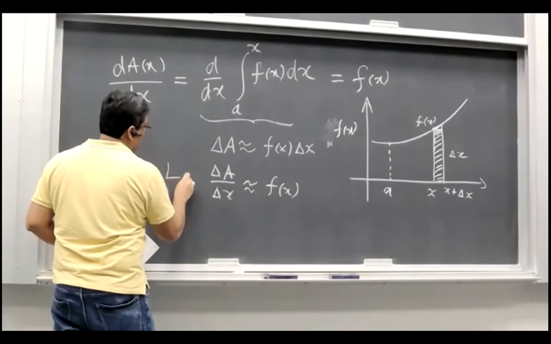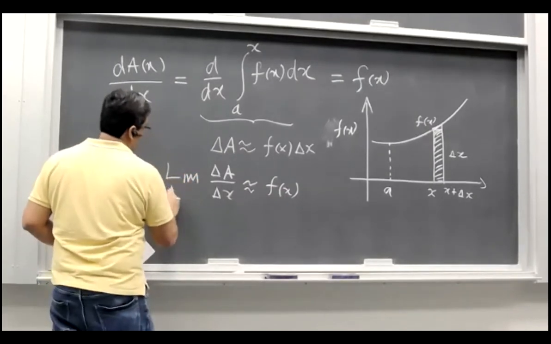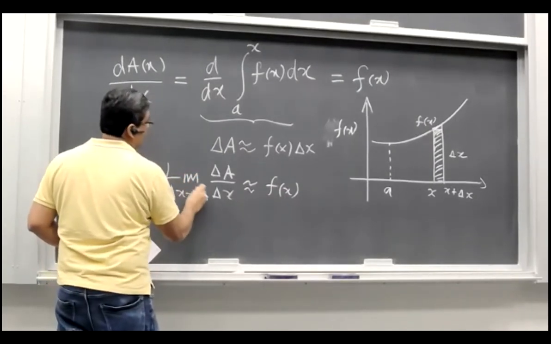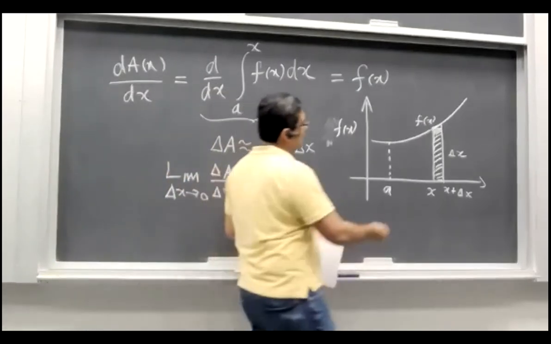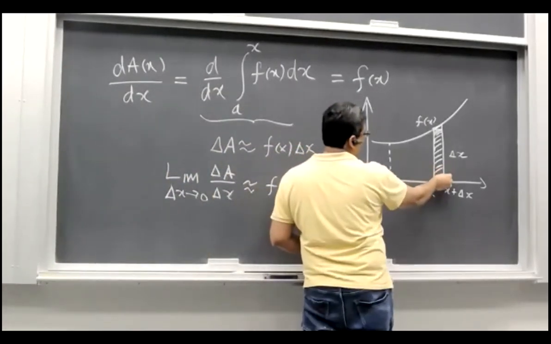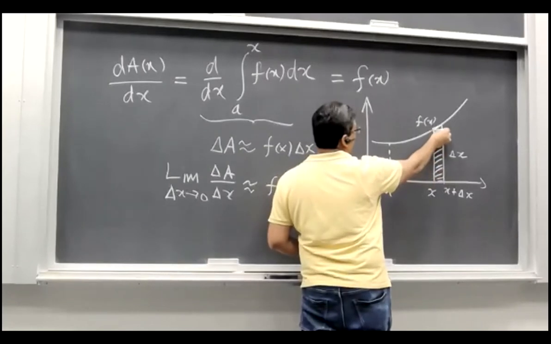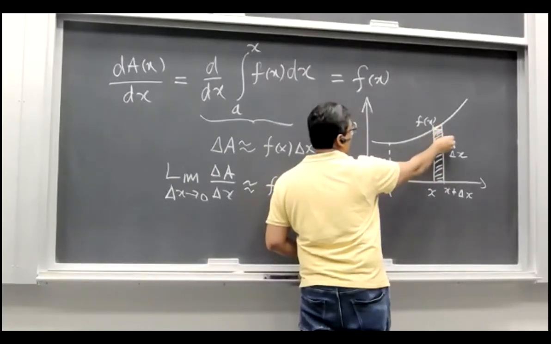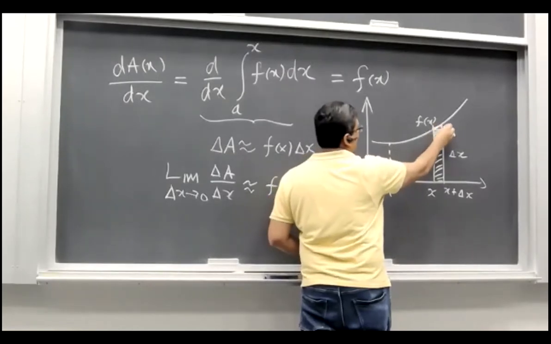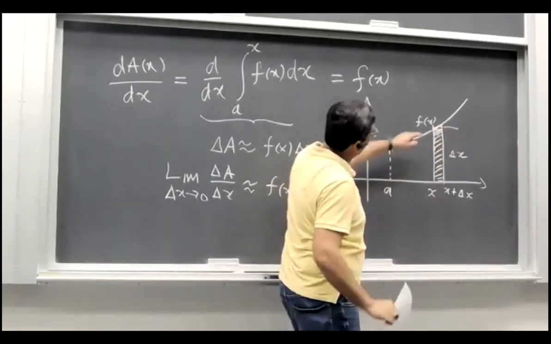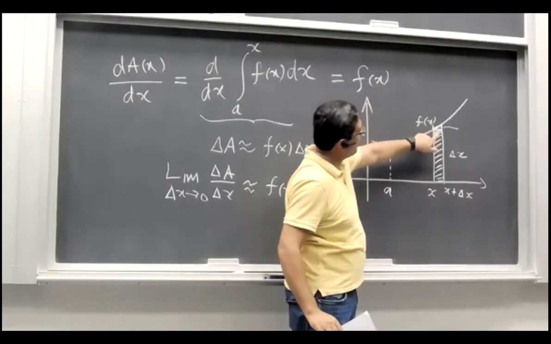And now if I take the limit delta x goes to 0, as I make delta x smaller and smaller, the closer to this point I bring the other side, this small triangle here, or something that looks like this region here, becomes smaller and smaller.